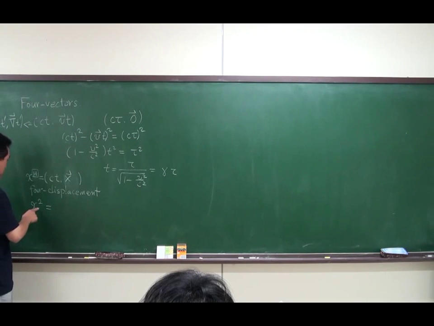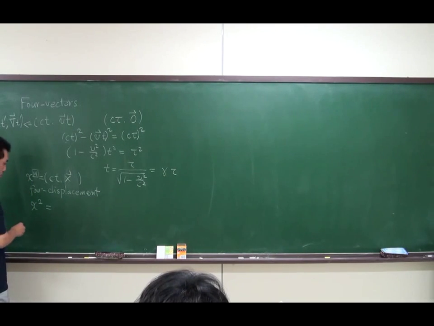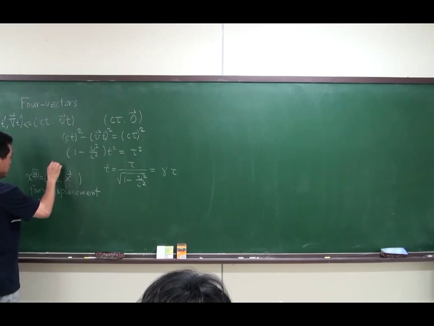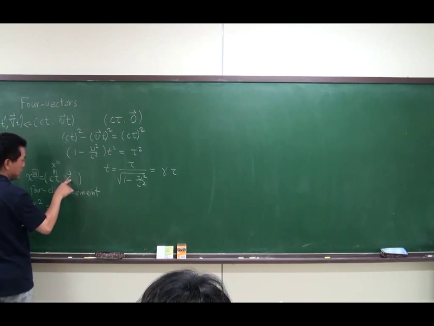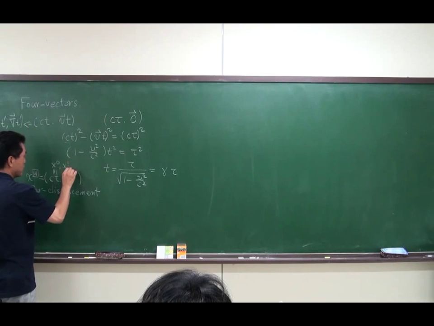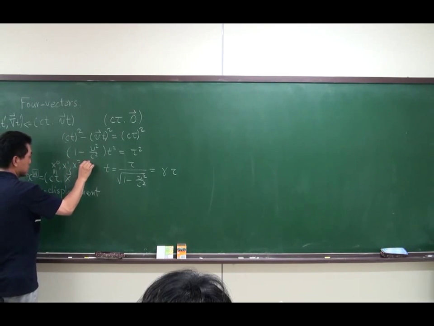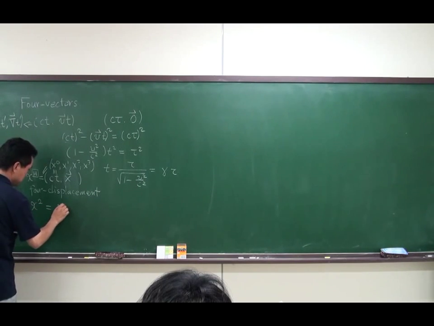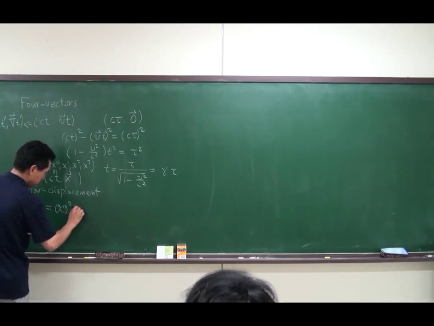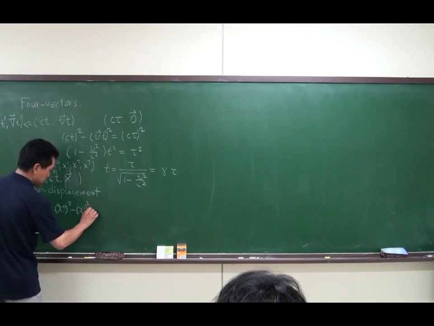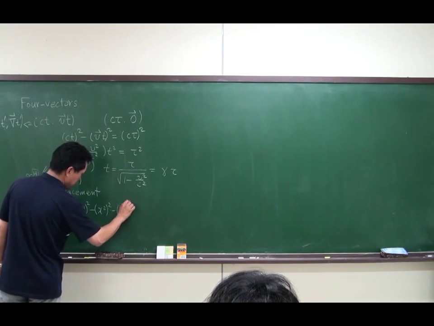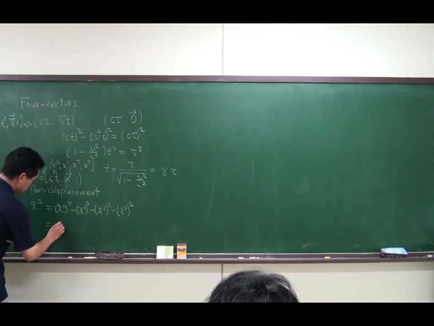It is just the square of this 4 vector. ct is defined to be x0, and the spatial component of the x vector can be written as x1, x2, and x3. So this is composed of 4 components. x squared is the 0th component squared subtracted by the first, second, and third. Or simply we rewrite it.